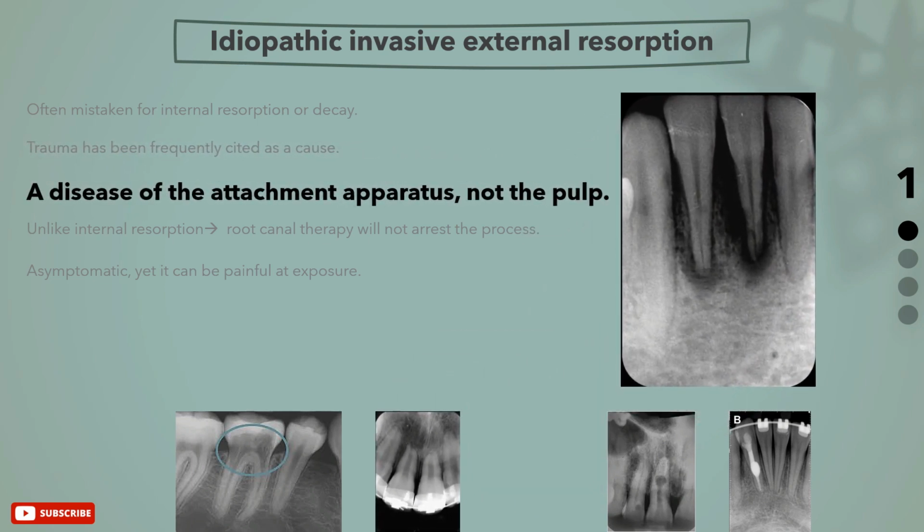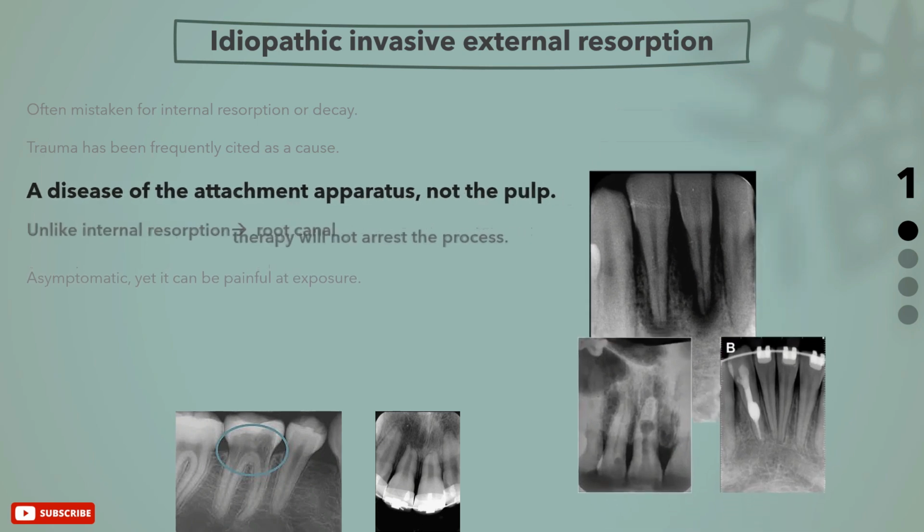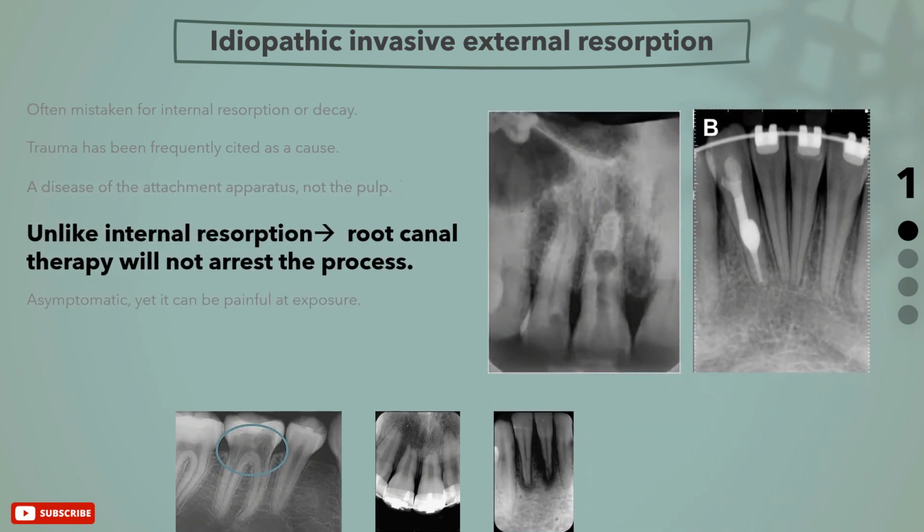External root resorption is a disease of the attachment apparatus. The problem is not the pulp. Unlike internal root resorption that can be treated and stopped with root canal treatment, external root resorption cannot.